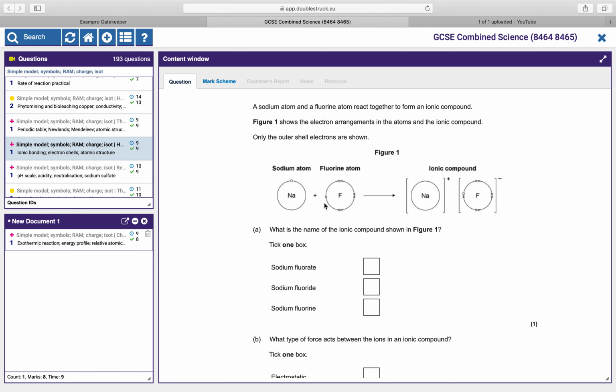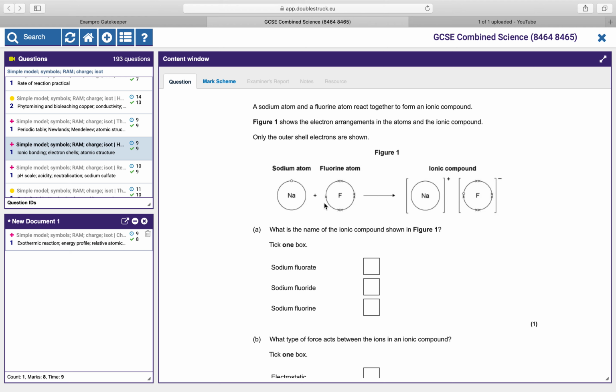Okay, so a sodium atom and a fluorine atom react together to form an ionic compound. Only the outer shell electrons are shown. What is the name of the ionic compound shown in figure 1?